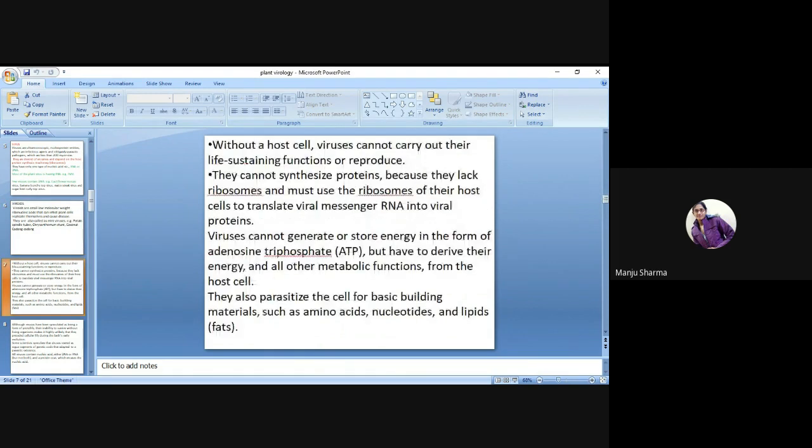Without a host cell, viruses cannot carry out their life-sustaining functions or reproduce. They cannot synthesize proteins because they lack ribosomes and must use the ribosomes of their host cells to translate viral messenger RNA into viral proteins.